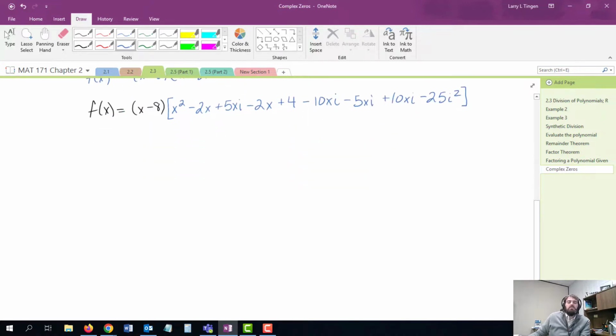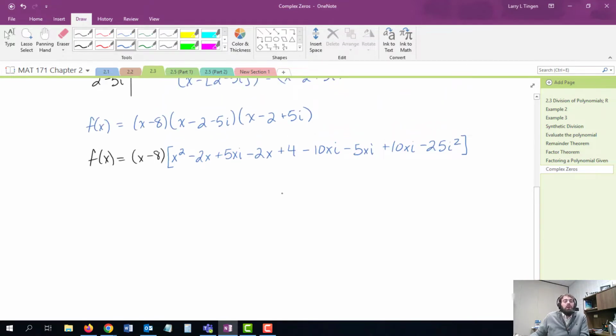All right. Now, combine like terms. And what are we going to find? Well, a lot of these terms actually zero out. So let's find those first. Negative 2x minus 2x more, that doesn't zero out. Positive 5xi minus 5xi, yeah, that zeroes out.